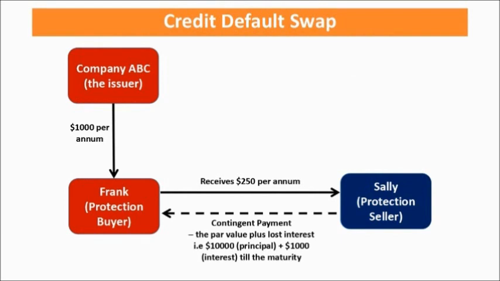So in simple terms, if the bond between company ABC and Frank fails, then Sally would compensate the principal and the interest amount in that particular scenario. So this is a credit default swap. A credit default swap is a little different because the swap happens only when a credit event happens.